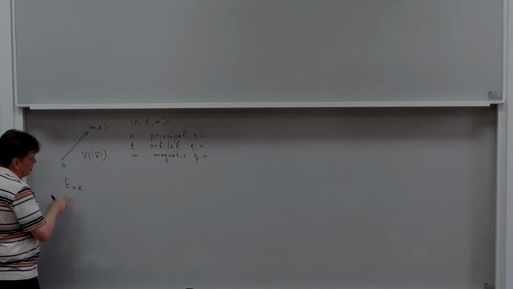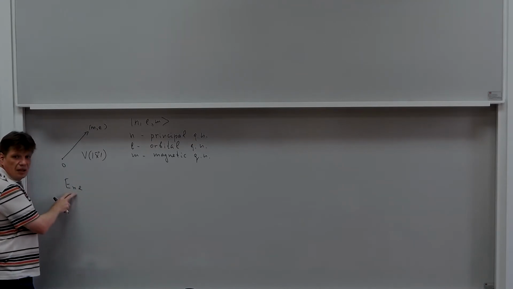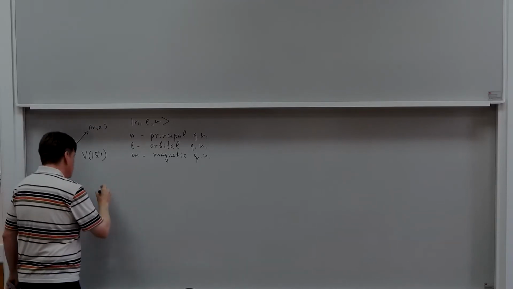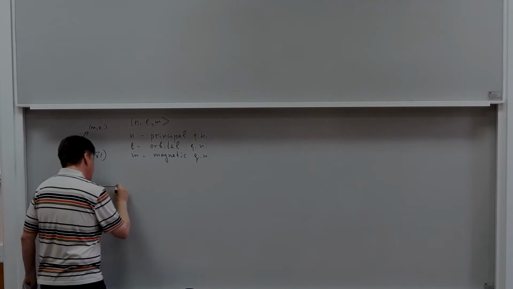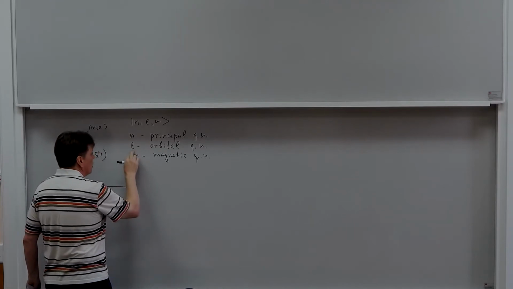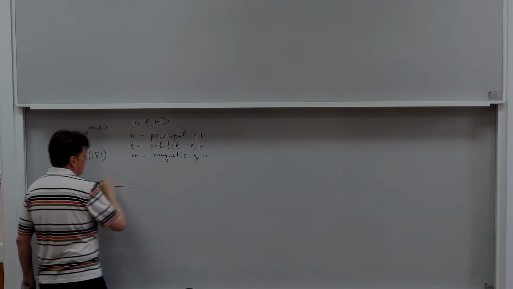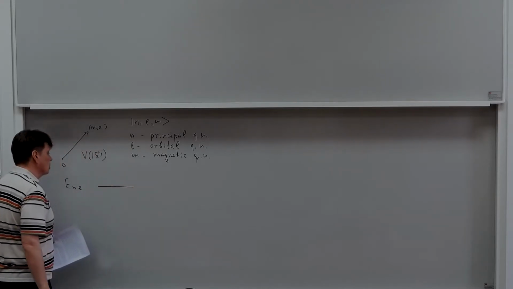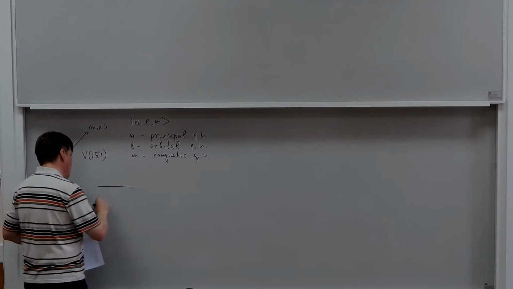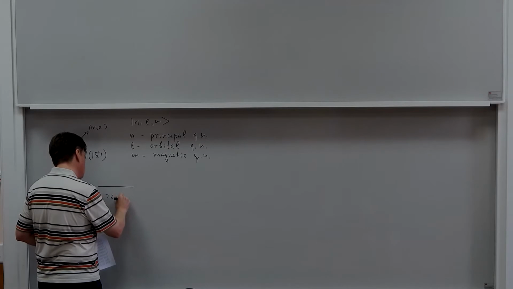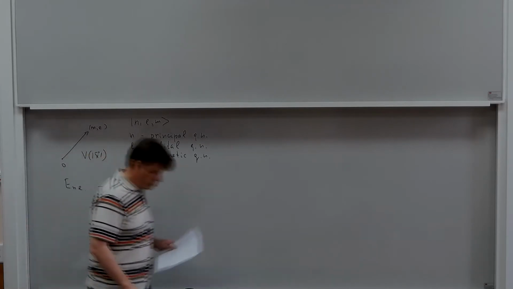As a result, the energy spectrum appears to be degenerate with respect to the magnetic number, right? So for l different from 0, the energy level is degenerate, and the multiplicity of each level is 2l plus 1.